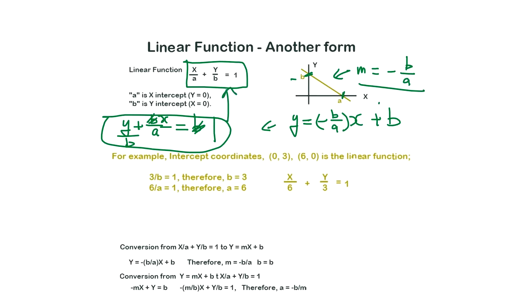So in the intercept coordinates, when x is 0, this is the y-intercept. When y is 0, this is the x-intercept. So this one plus this one equals 1. Easy, right? So when you know the intercepts, the equation can be written very easily. Okay, so that's another form of the linear function.